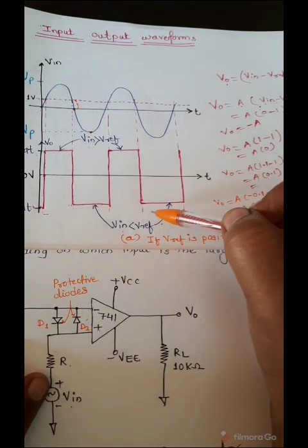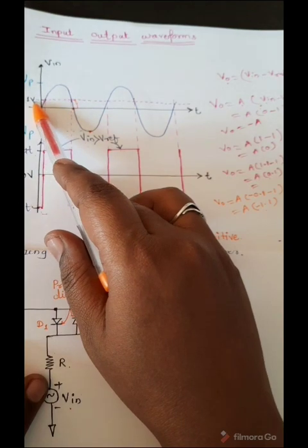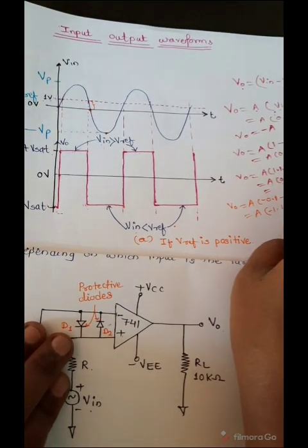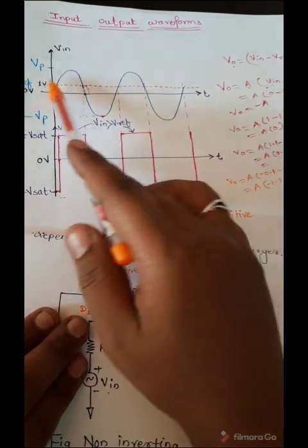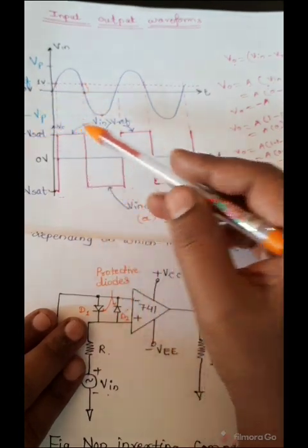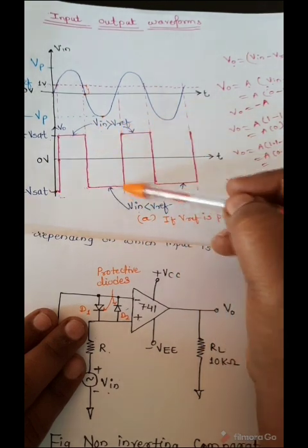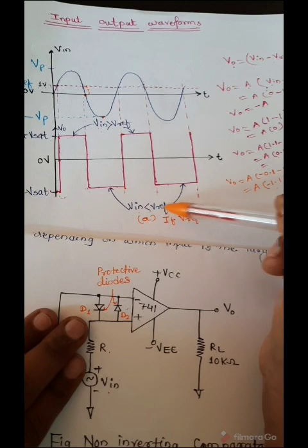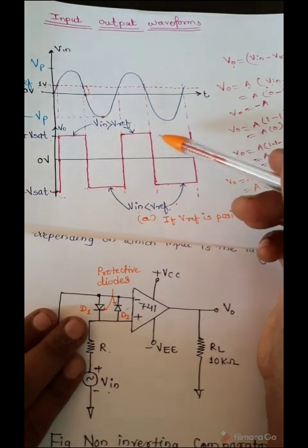Up to this point, we consider reference voltage at the positive value, because of which output is at positive saturation, and we got such type of output waveform. V in is greater than V reference, and for these locations V in is less than V reference, and here V in is again greater than V reference.